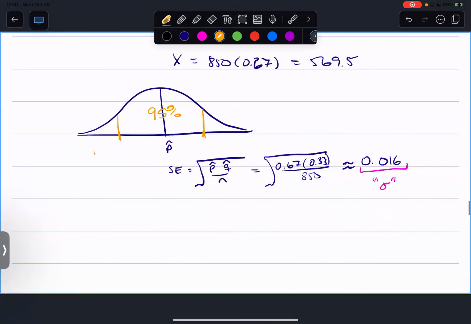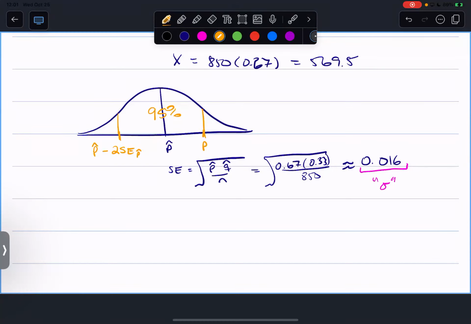I would do p hat minus 2 standard errors, 2 times the standard error of p hat, which we already calculated to be 0.016.